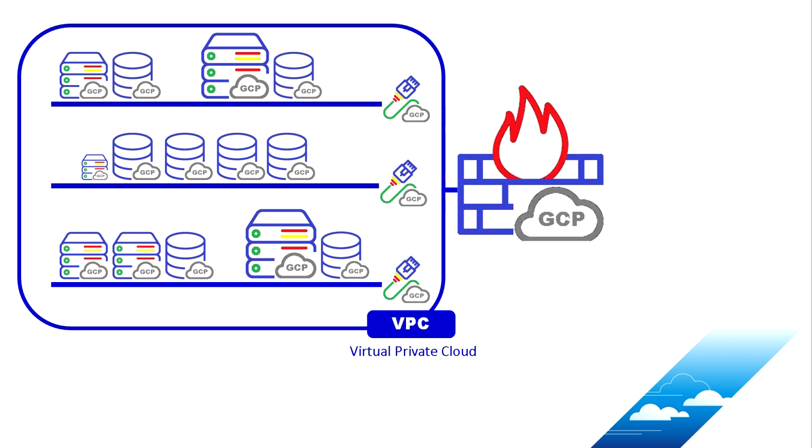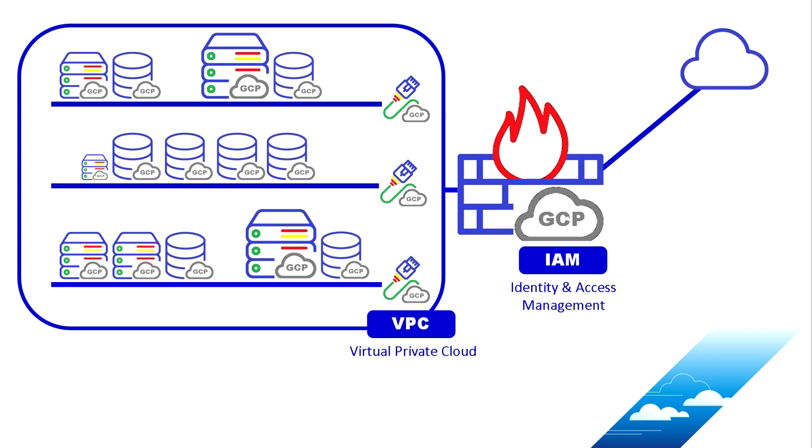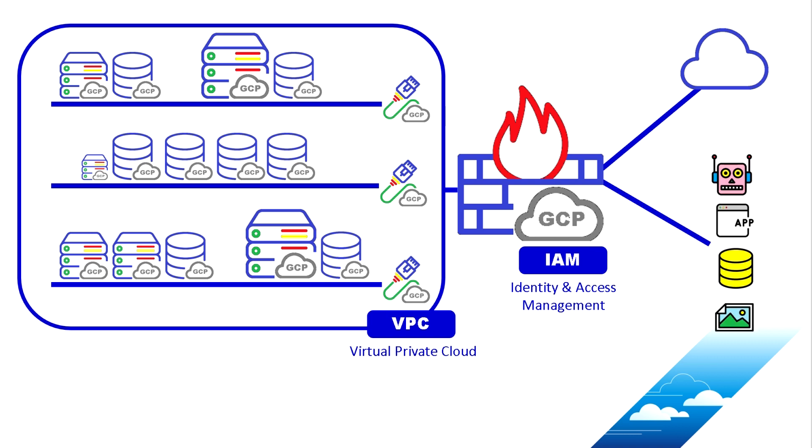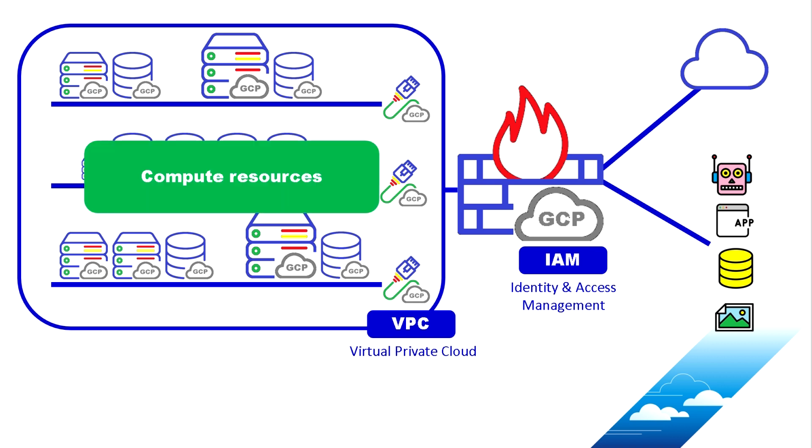The next thing that I might want to do is some kind of identity and access management, something called IAM. And this is the way that the stuff inside the VPC can be connected to by external networks or other cloud services. So IAM, identity and access management, is the bit that does the identity and security between things in and out of the VPC.